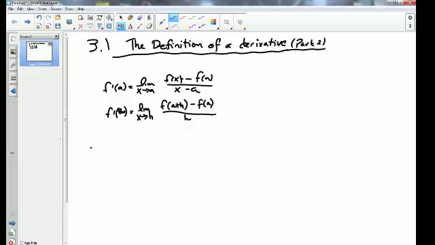So the derivative at a, this is the second way to do it.